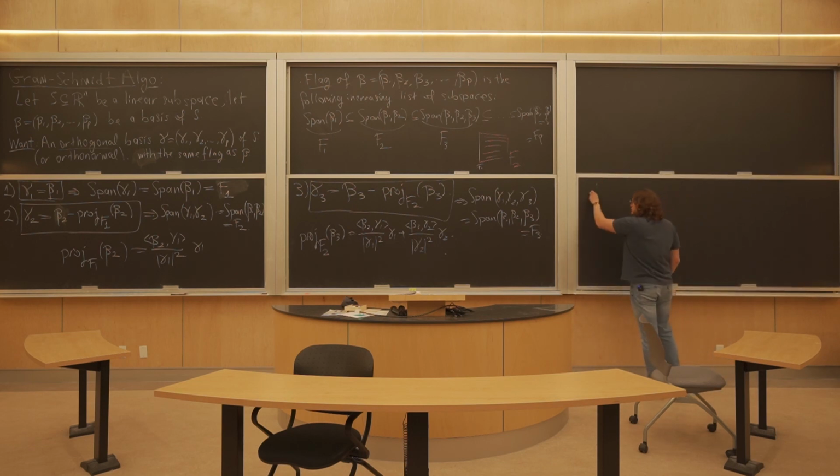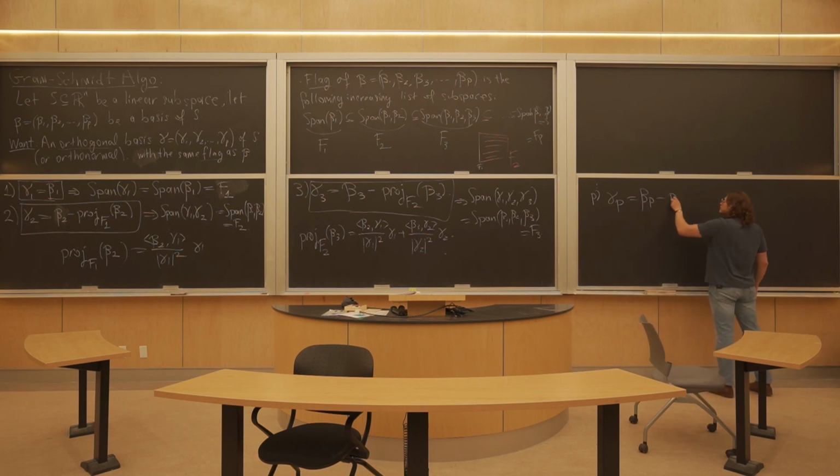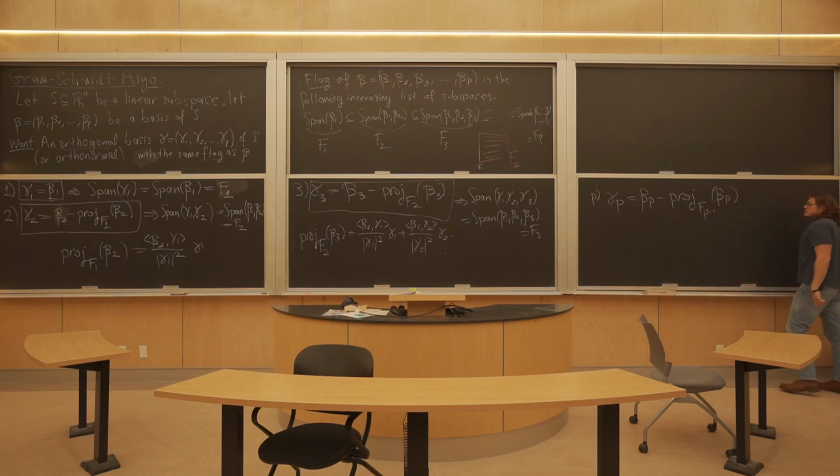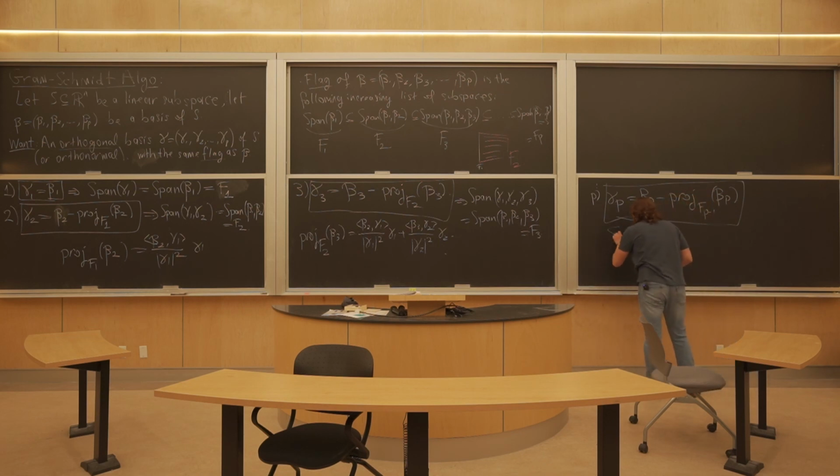So at step exactly p, you have the final one: the projection onto f sub p minus 1 of beta sub p, and again, this is going to be something like what I wanted.